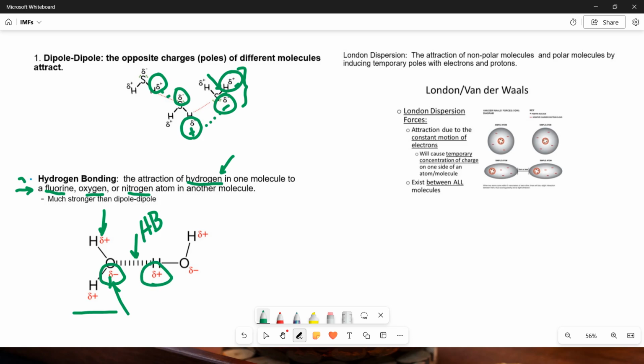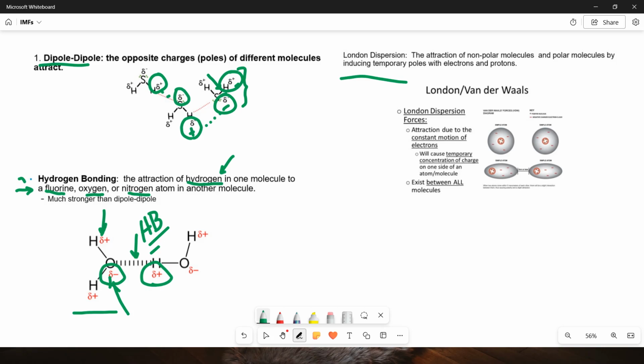But because these atoms are so tiny and so electronegative, this hydrogen bonding is exceptionally stronger than the dipole-dipole attraction. And so we find some very unique properties and behaviors of molecules that have hydrogen bonding, and we'll see that in video 2.